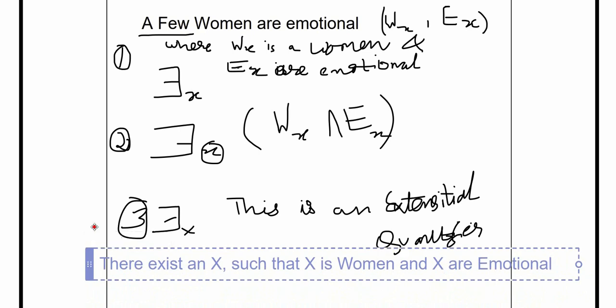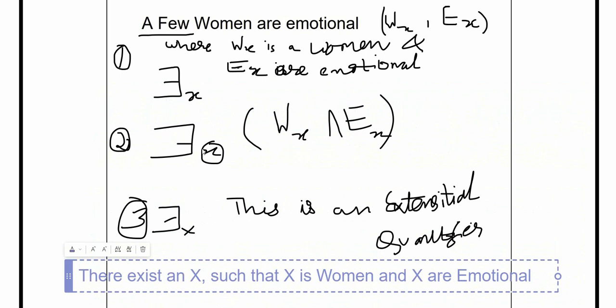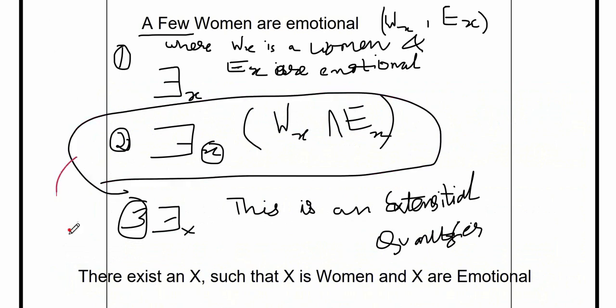So this will be for part 2 here. This is an explanation of part 2, which is this one. There exists an x such that x is a woman and x is emotional.